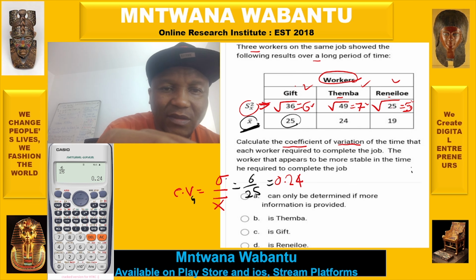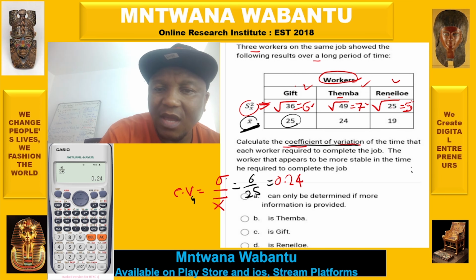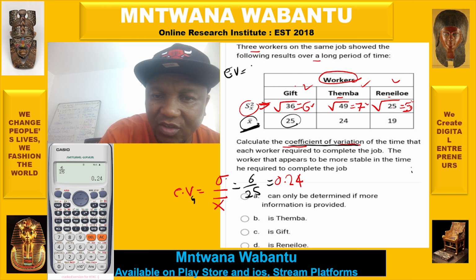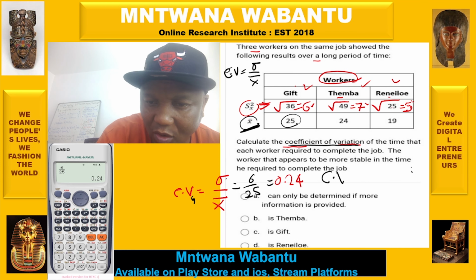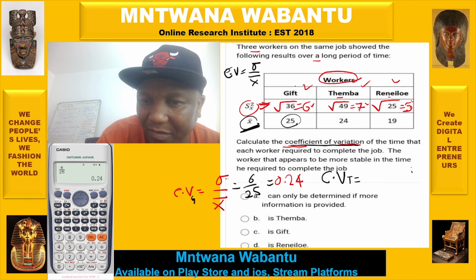We say coefficient of variation equals standard deviation over mean. Now let's go for the second one. Coefficient of variation for Timber, T, equals the standard deviation over mean. The standard deviation of Timber is 7, over mean, which is 24.